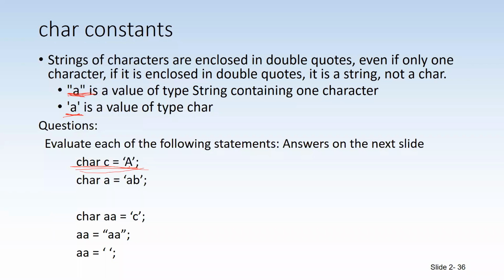Yes, everybody, this is a yes. It's a valid statement. Why? Because the data type is char and the variable name is c, not very meaningful, but I'm just doing it for simplicity's sake. And the value is a char value, with single quotes. So with the semicolon, this is a valid statement.